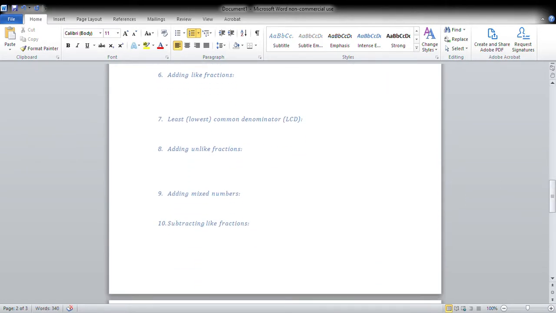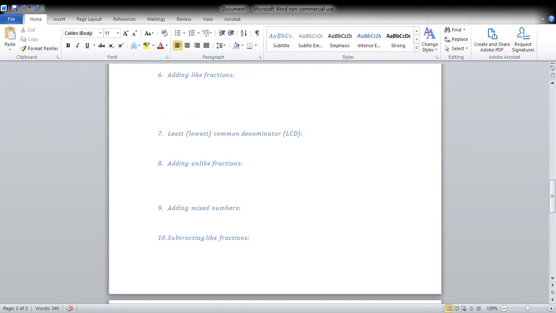Okay, adding like fractions. By like fractions, I mean fractions that have the same denominators as each other. There are 2 steps. Add the numerators and place the total over the denominator.